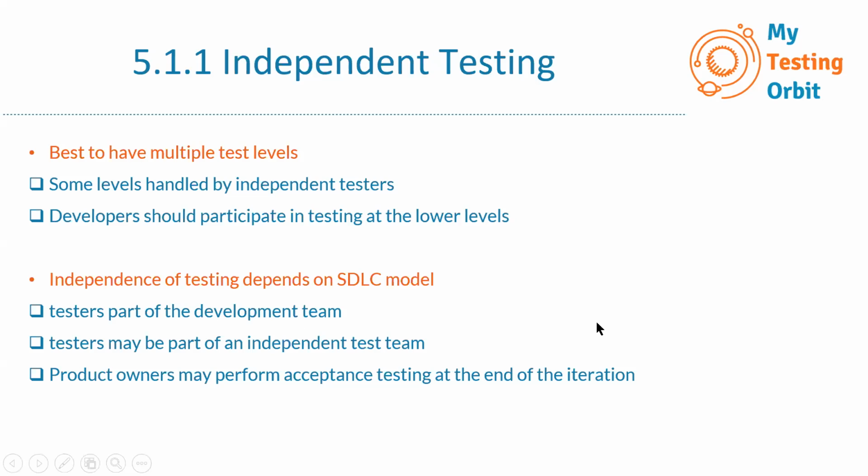So I hope this part is clear, that independence of testing can vary based on the levels of testing and also the SDLC model we are using for that particular project.